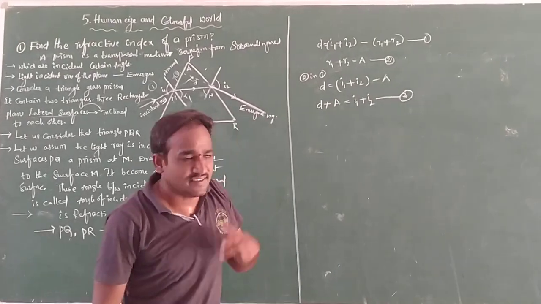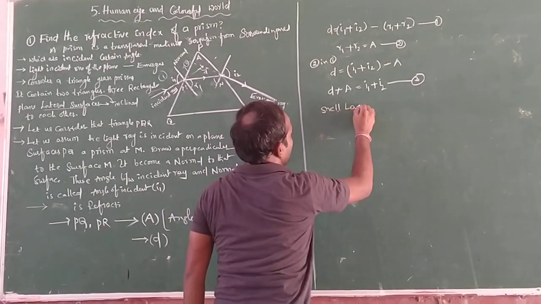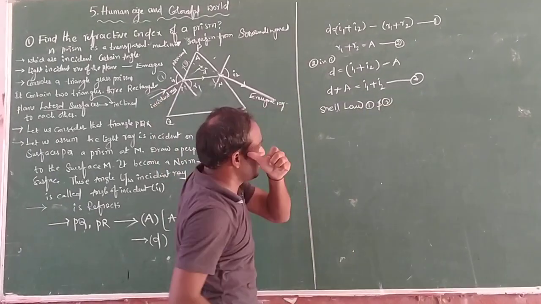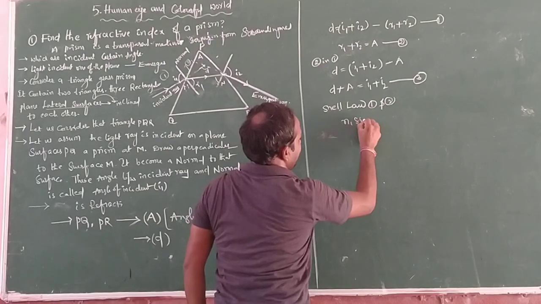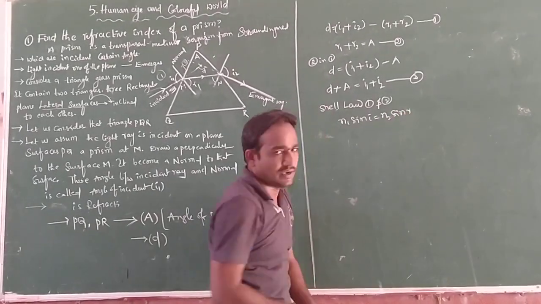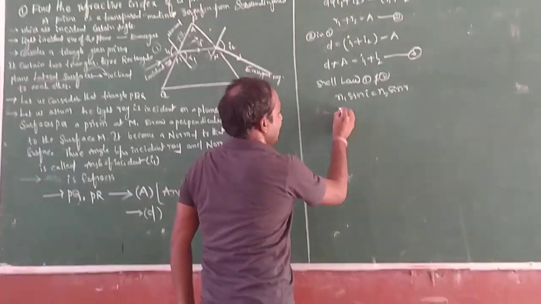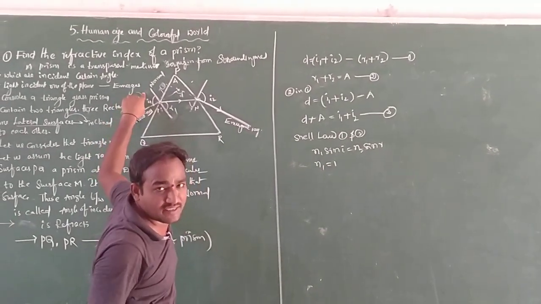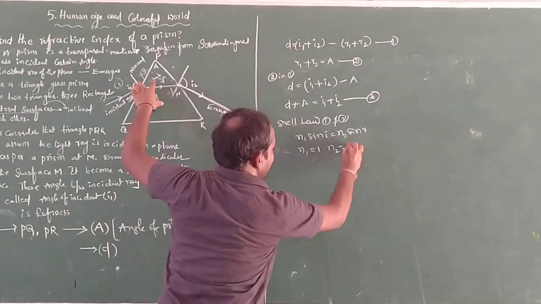Now we know Snell's law. Comparing the first and second medium, air and prism, Snell's law is n1 sin i is equal to n2 sin r. Here n1 is air, which is 1, and n2 is the prism, n.